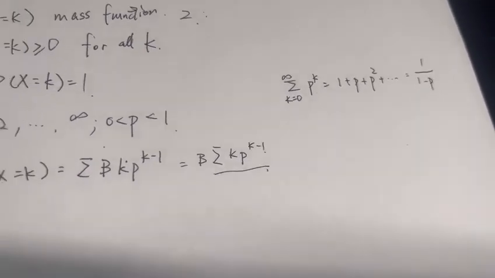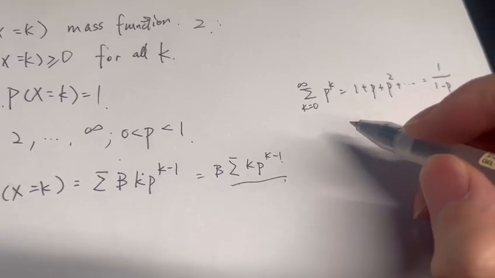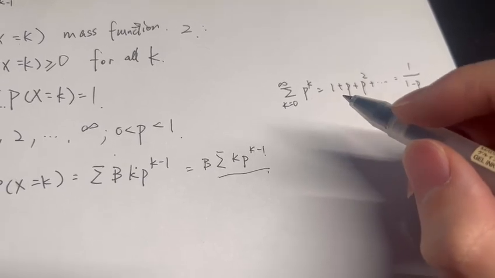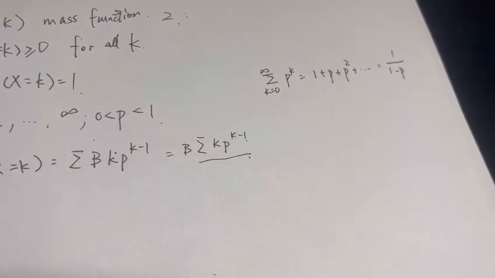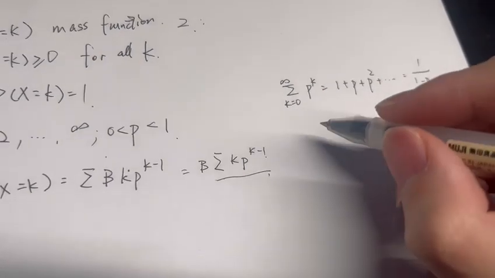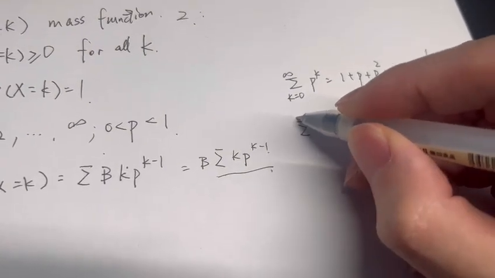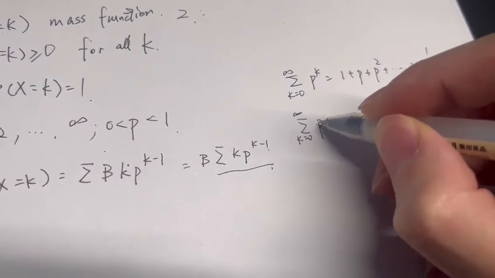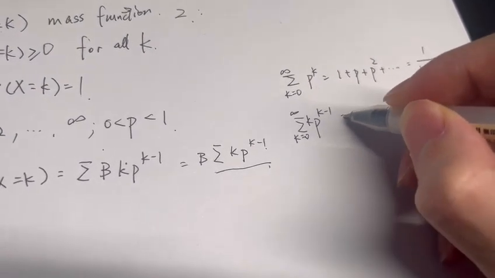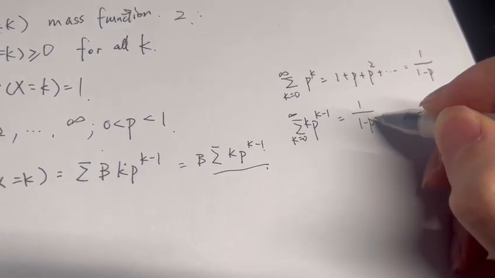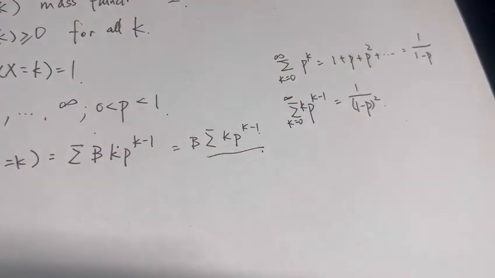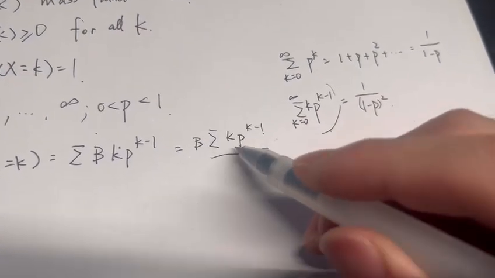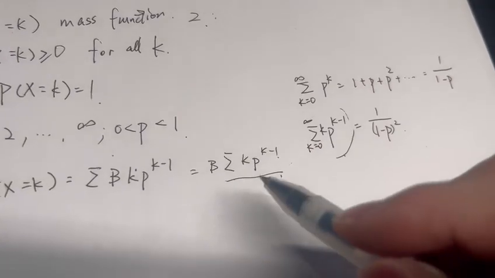If we take the derivative of both sides with respect to p, it will become the summation of k times p to the power of k minus 1. And this is exactly the same as this part in the equation.